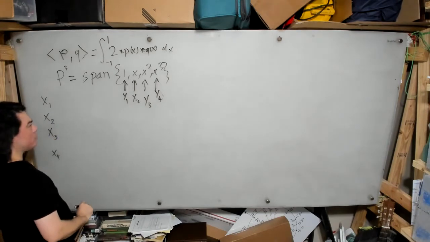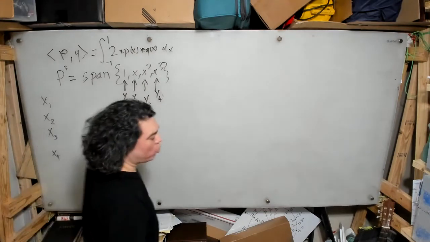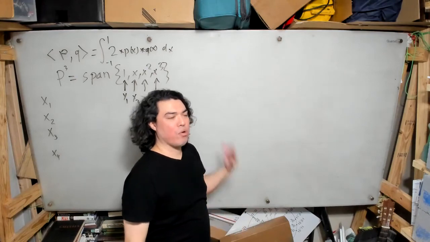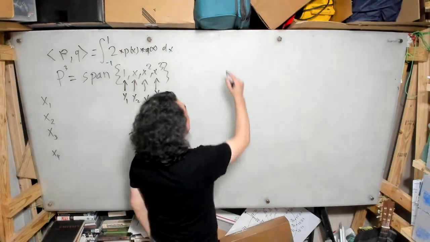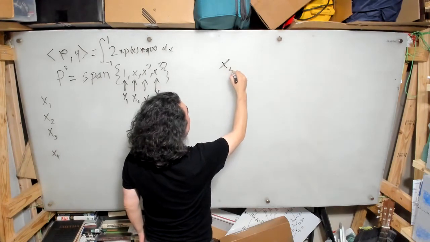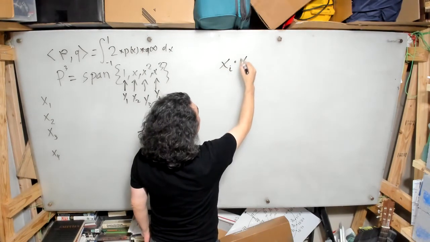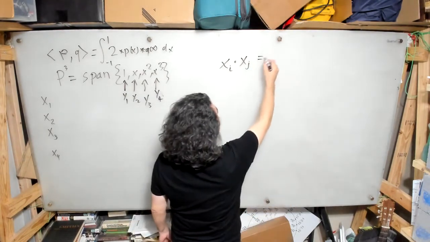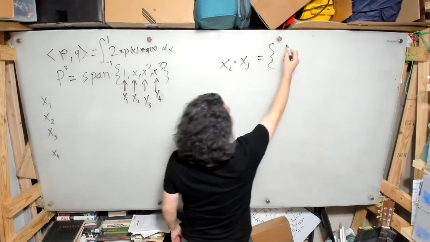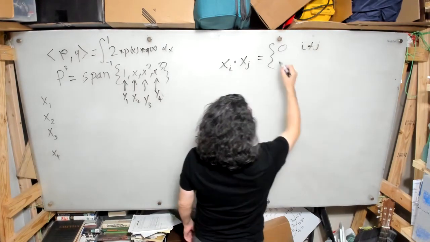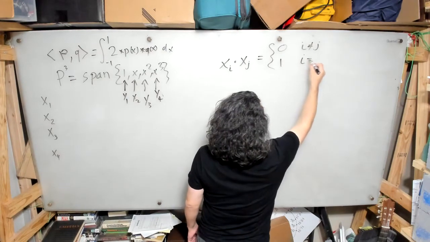What properties do I need for my basis to be orthonormal? I need the following facts. If I have xi dotted with xj from my orthonormal vectors, then it equals 0 if i does not equal j, and it equals 1 if i equals j.